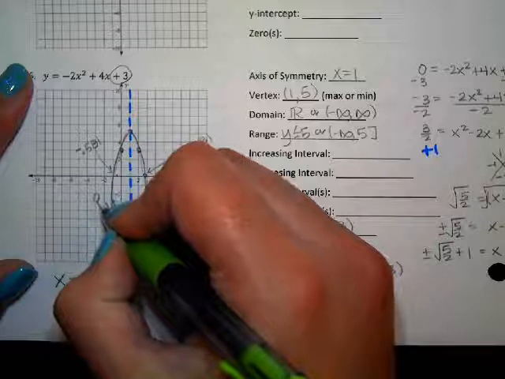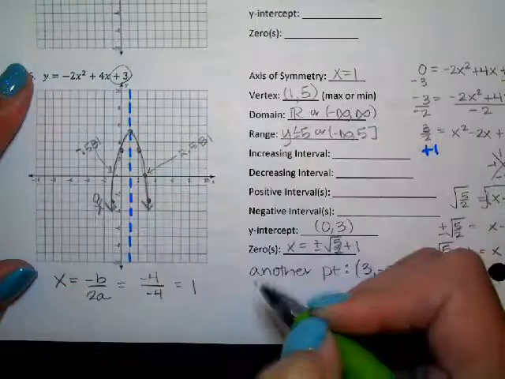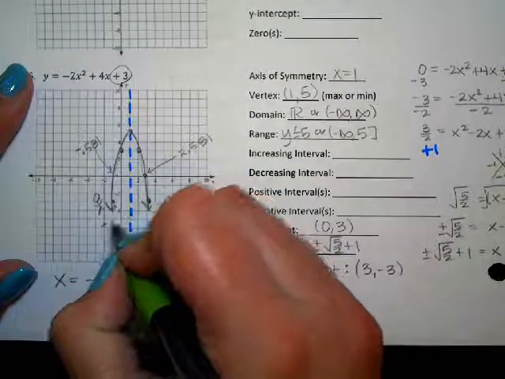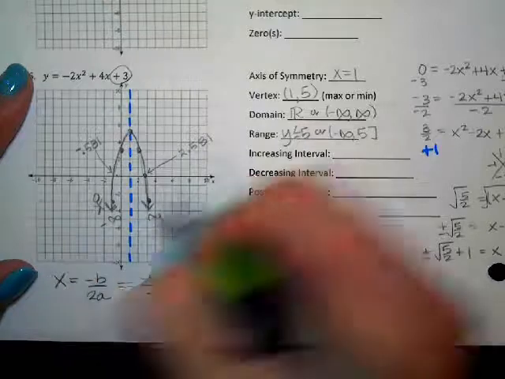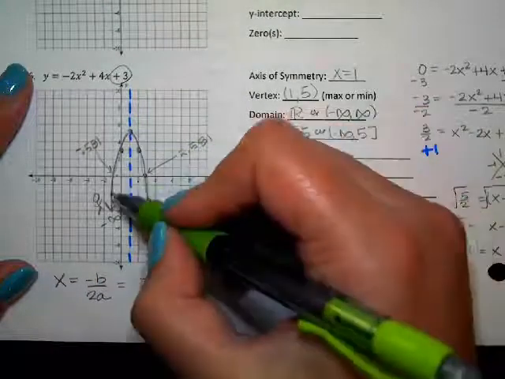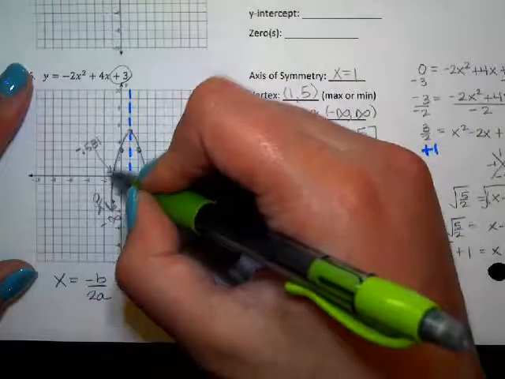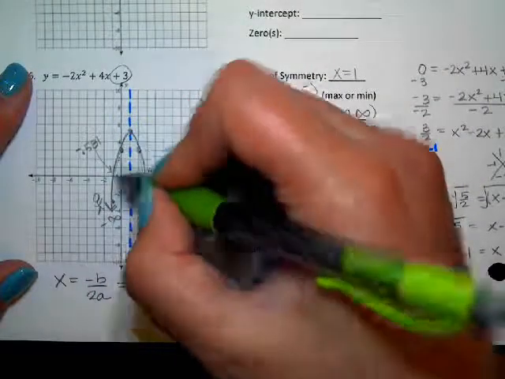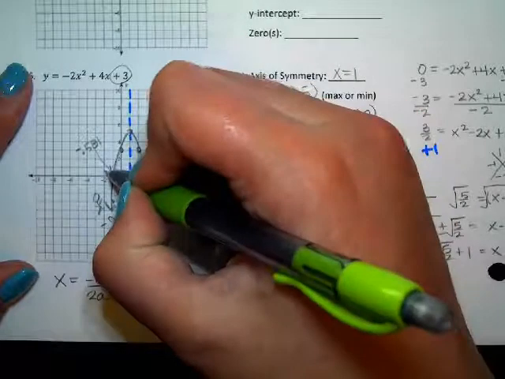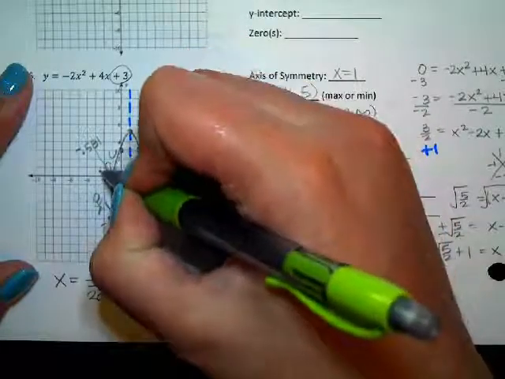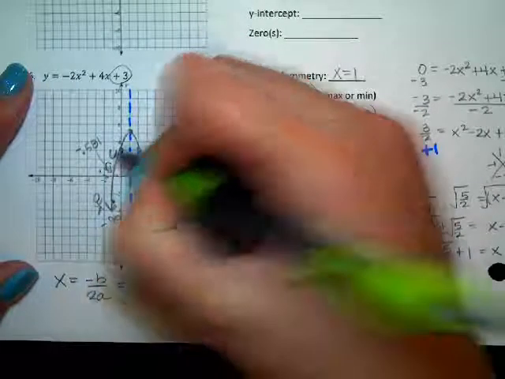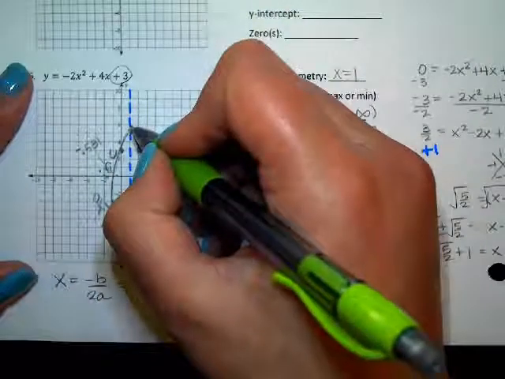He gets up to the top of the hill, which has the blue line with the x-coordinate of 1. And then after he gets to the top of the hill, he starts decreasing and decreases to infinity. So the word increasing is between negative infinity and 1, and the word decreasing is between 1 and infinity.